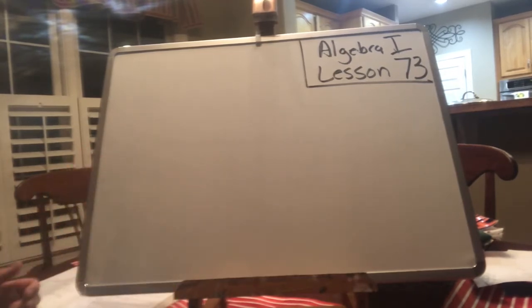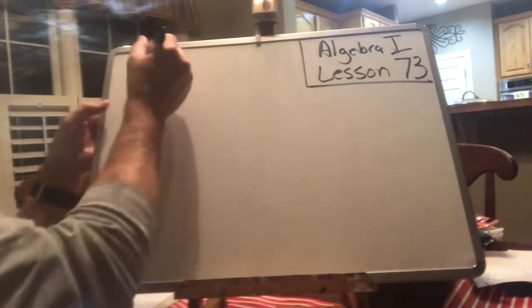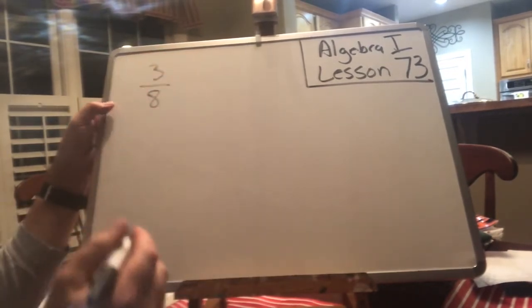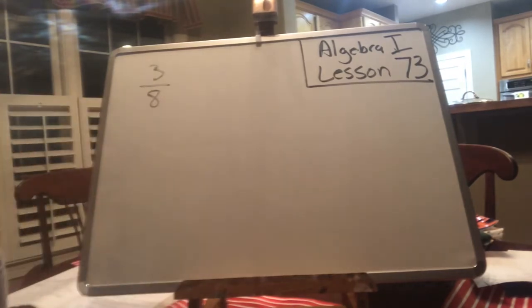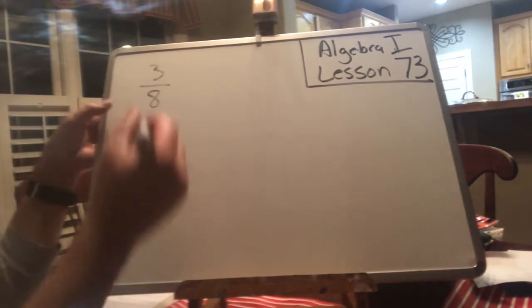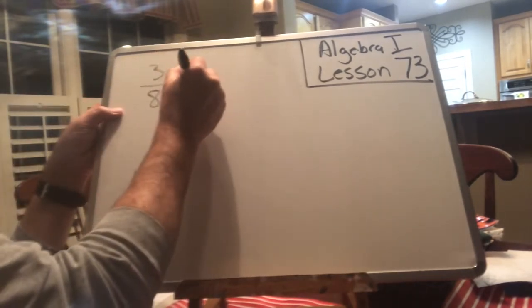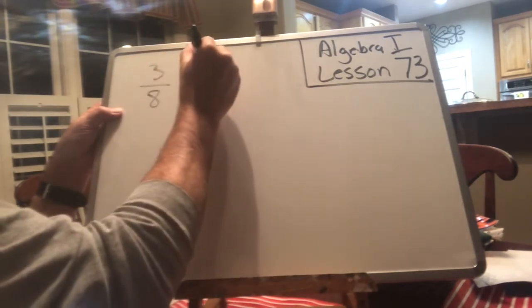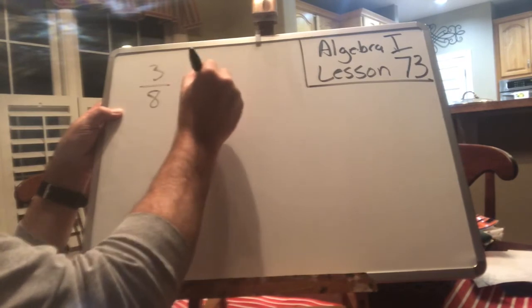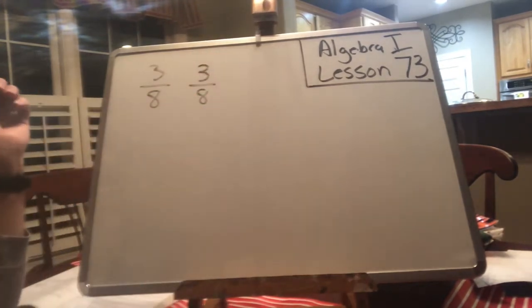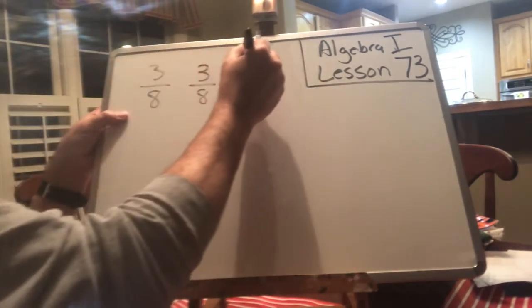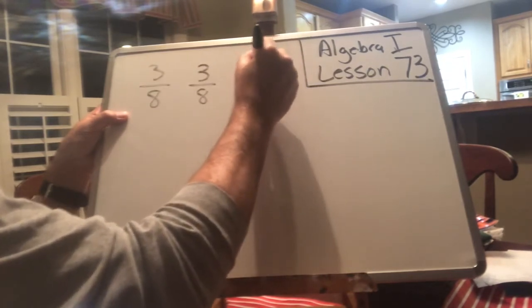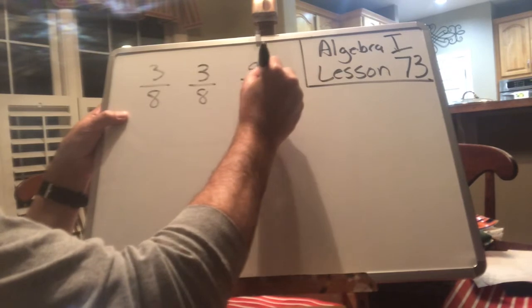So there's 3 black marbles out of 8. And it is replaced, so it doesn't go anywhere. What are the chances that I draw another black marble? Well, my chances are 3 out of 8.